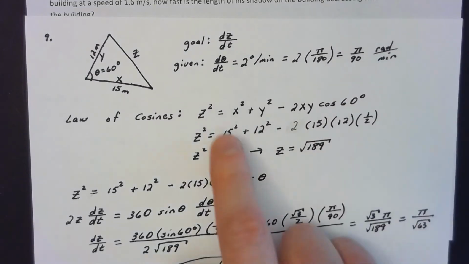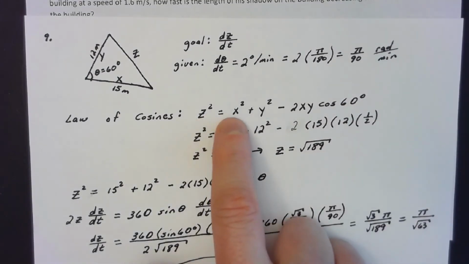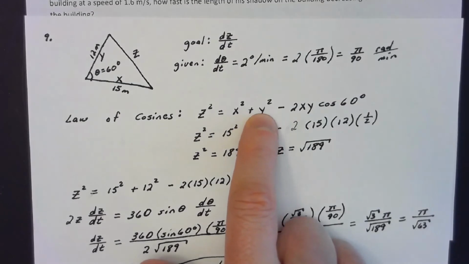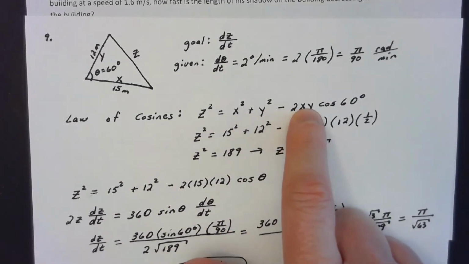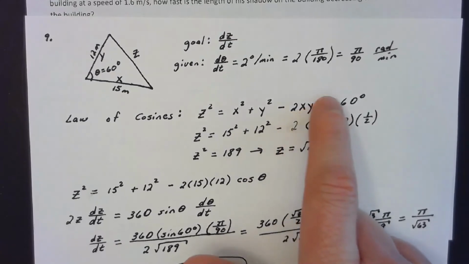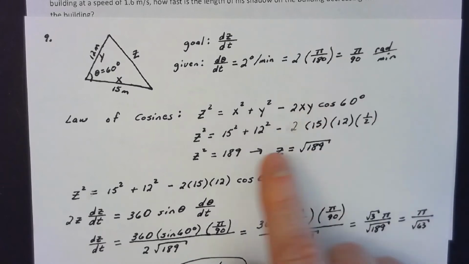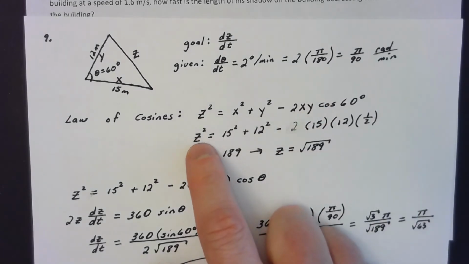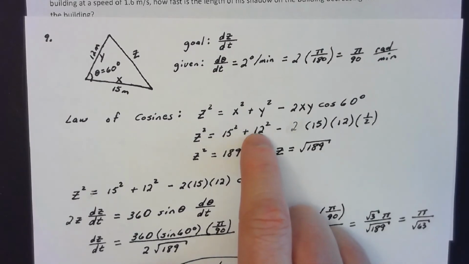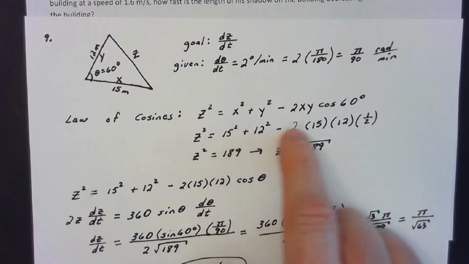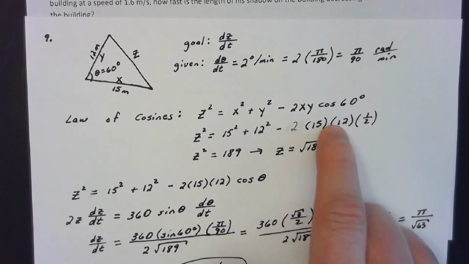Now, the law of cosines just says that any side squared of a triangle is equal to the sum of the other two sides squared minus twice the product of the other two sides times the cosine of the angle opposite the side you're looking for. So now in this problem, in order to solve for z, you can say z squared is equal to 15 squared plus 12 squared minus 2 times x is 15, y is 12.